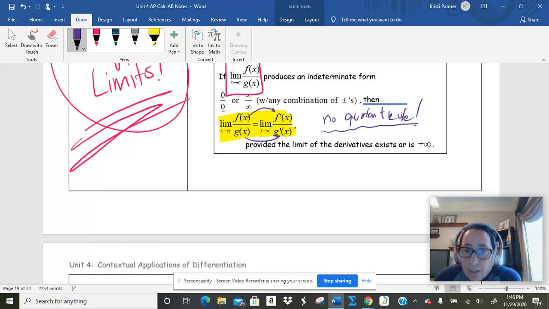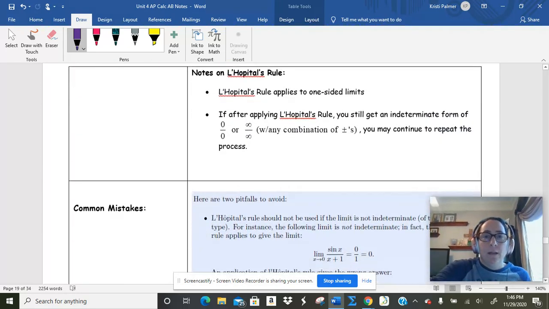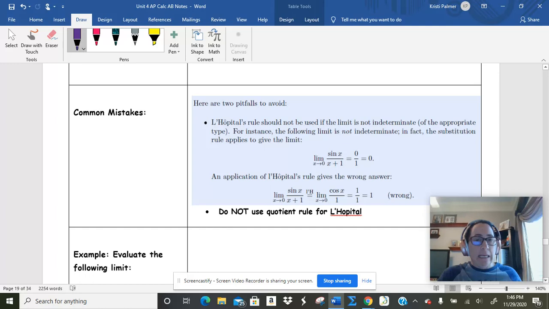So this is just a different rule altogether with limits. When we are taking derivatives, we absolutely have to do quotient rules: low D high minus high D low, all over low low. But when we get an indeterminate form and you need to show this, then you can use L'Hopital. So don't just jump into L'Hopital. You actually need to show that this is an indeterminate form. Lots of people would say, oh, I get this and I try to use L'Hopital automatically, but that would give you a different answer.